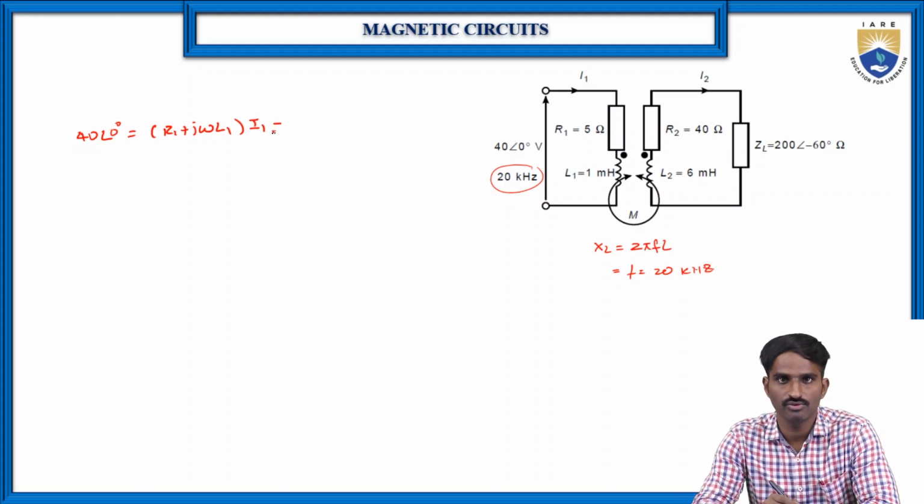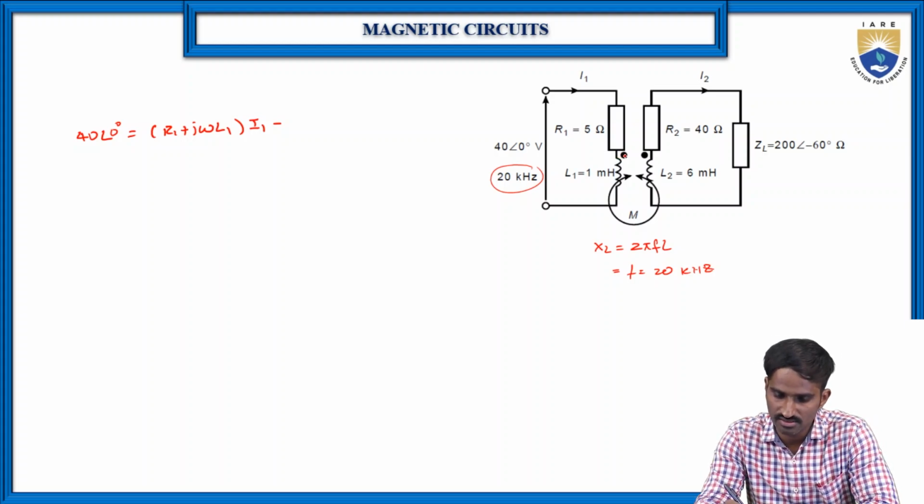Whether we have to write plus or minus, we need to identify based on the dot convention. As you can see, this is one dot and this is another dot, and the current is leaving from this particular dot.